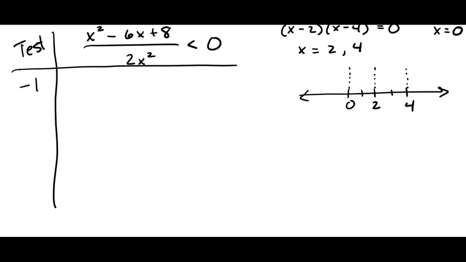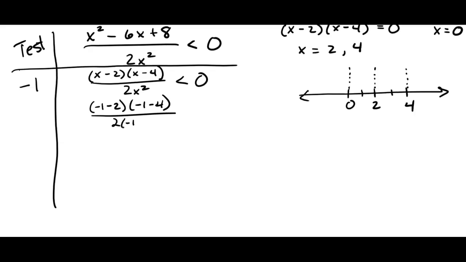Now, I'm going to rewrite that as x minus 2 times x minus 4 over 2x squared. And is that less than 0? So I'm going to be putting in a negative 1. Negative 1 minus 2, negative 1 minus 4, all over 2 times negative 1 squared.